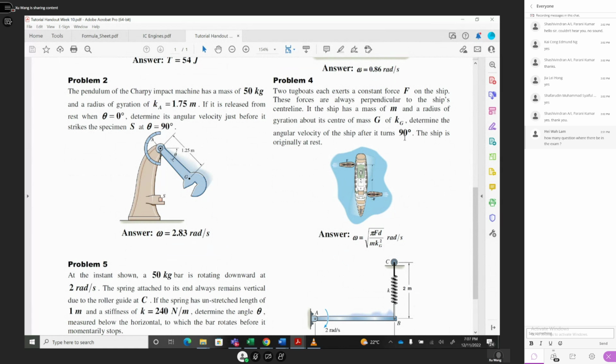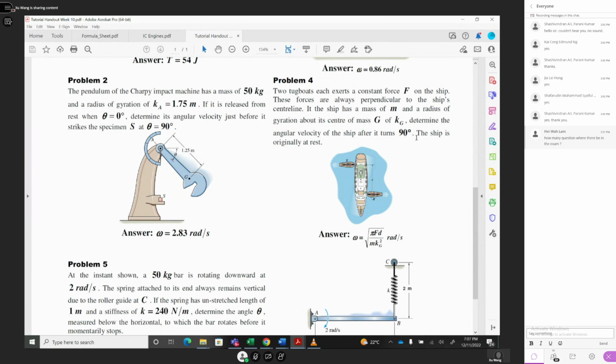So you get half of pi, and then you get the rotational inertia. The ship is already at rest. So you need F times distance, which is the moment. The moment times displacement, which is the moment times half of pi, should be equal to half I omega squared, right?